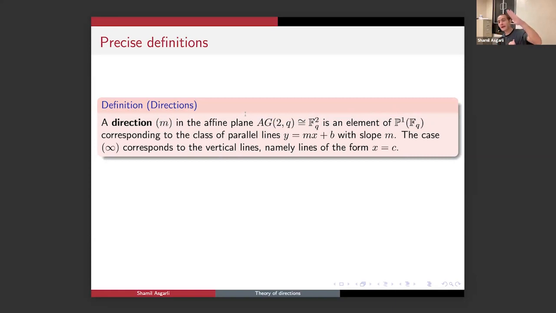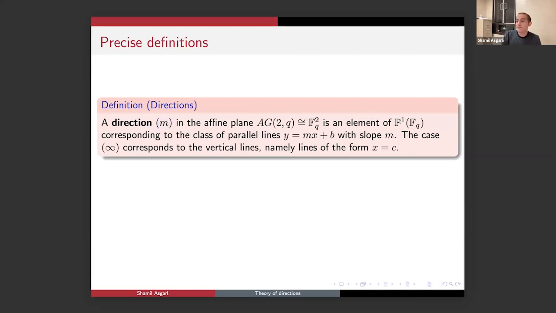So you have all these parallel lines in the affine plane with slope m, and we imagine those parallel lines going off to infinity and meeting at a point at infinity. This is how we projectivize the affine plane, by adding enough points at infinity. And all these parallel lines with slope m meet together at the point at infinity (m). This point (m), namely the parallel class, is called the direction, because literally it corresponds to the direction of every parallel line with this slope.